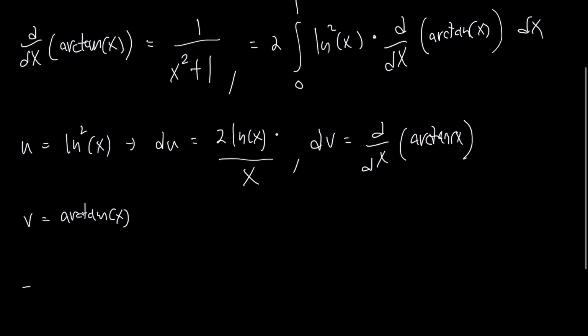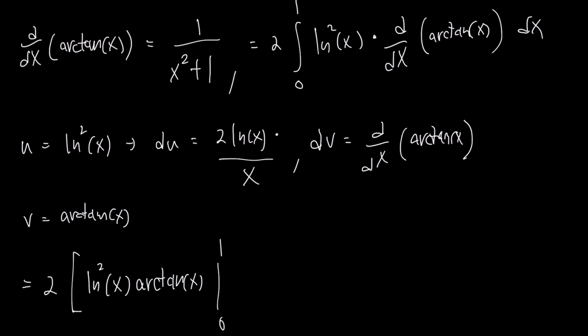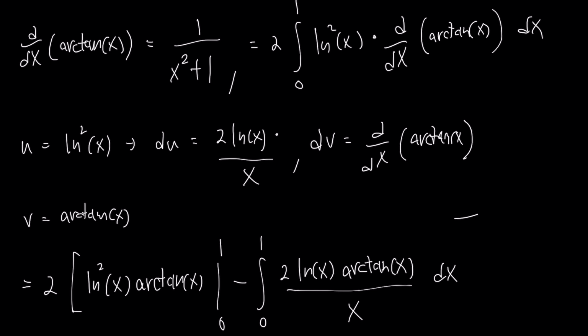So we're going to have 2 times the squared logarithm times arctangent of x from 0 to 1 minus the integral from 0 to 1 of v, arctangent of x, times du. So we have 2 ln x arctangent of x divided by x dx.